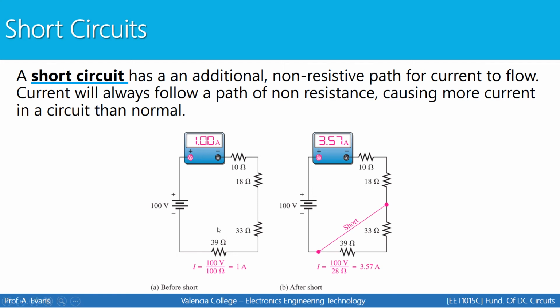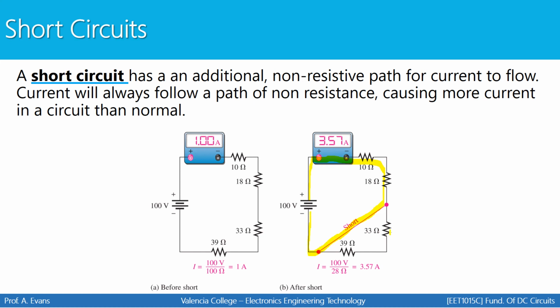So here's an example. Here's a basic circuit here. We've got an ammeter to measure the current, and we've got a few resistors in series. And the current in this circuit is 1 amp. Let's say that I add a short circuit, meaning I put a wire from this point to this point. What's going to happen is the current is going to flow through the ammeter, through the 10 ohms, through the 18 ohms, and then through the short.